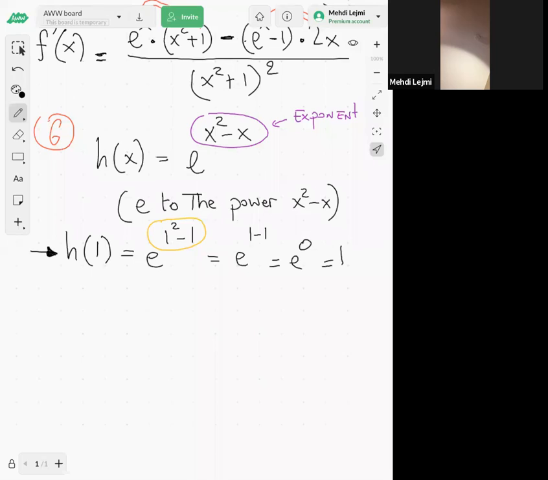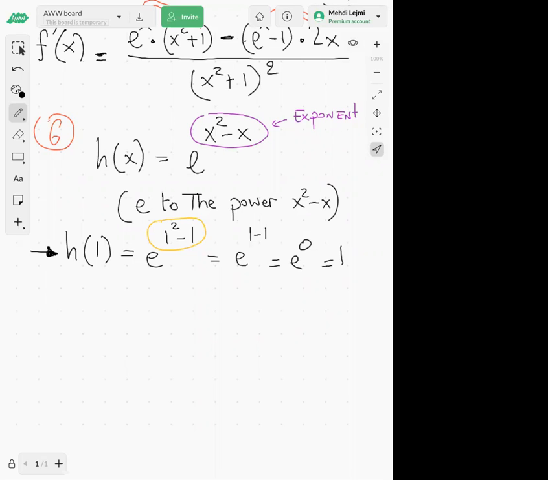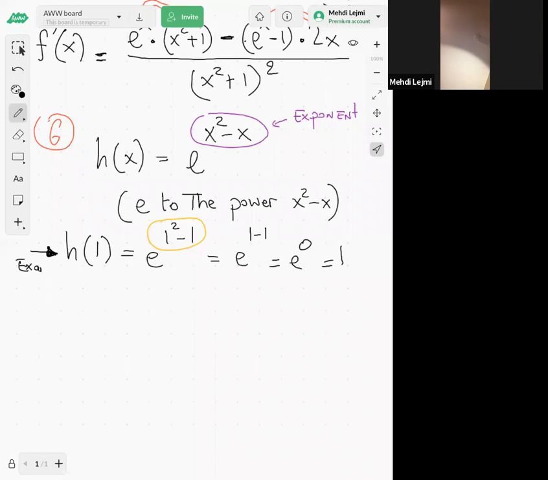I'm just trying to explain that this x squared minus x is the power of the exponential. So the whole x squared minus x is the exponent here. This is just an example, just trying to explain this function h.